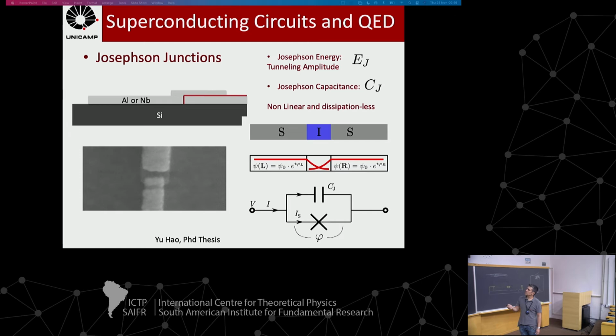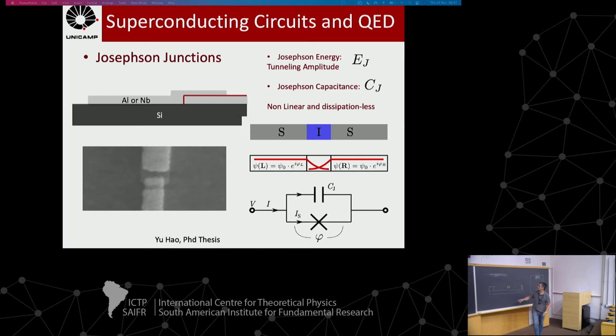This dark gray here is the first layer I did my deposition. Then I put this in oxygen to create the oxide layer. Then I did the second deposition and formed this light gray here.